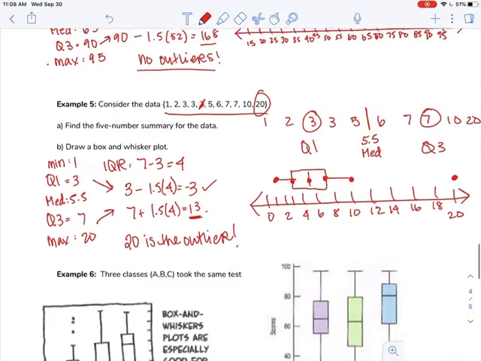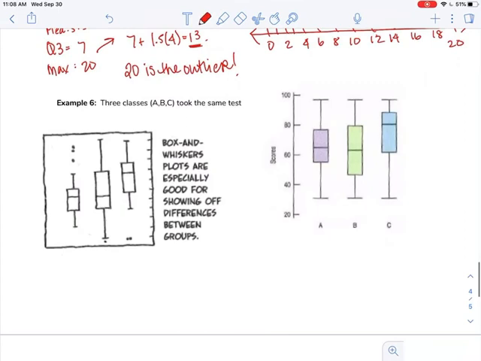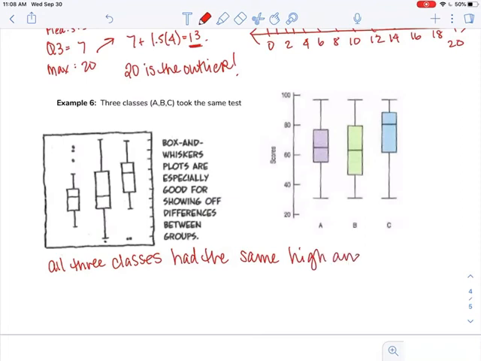All right. Next we have 3 classes, A, B, and C, that took the same test. Another thing we can do with box and whisker plots is show differences between groups. Here we know that all 3 classes had the same high and low score.